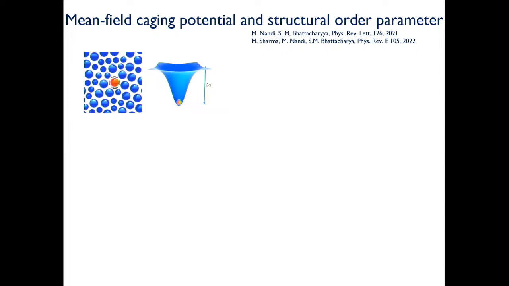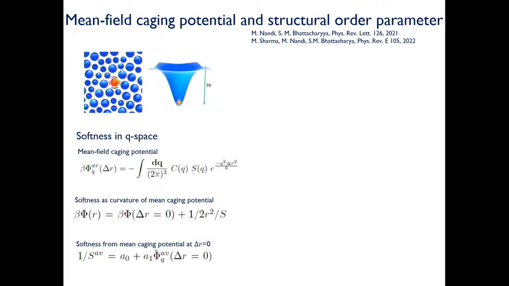Now the next thing is what is this effective potential that a particle is feeling, and we go back to these ideas of Ramakrishnan and Yussouff. They proposed an expression for the effective potential based on liquid state theory ideas, and I'll just show you what this expression is.